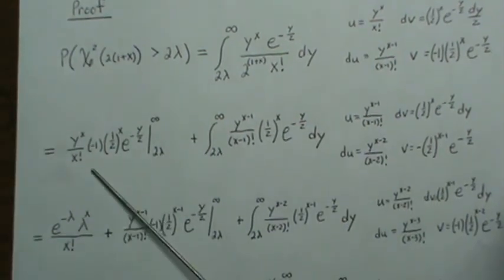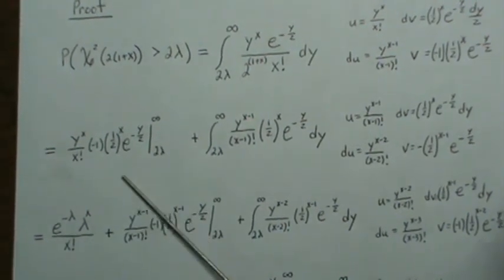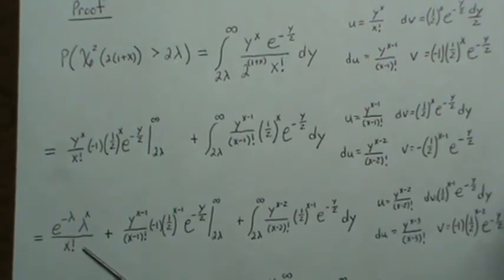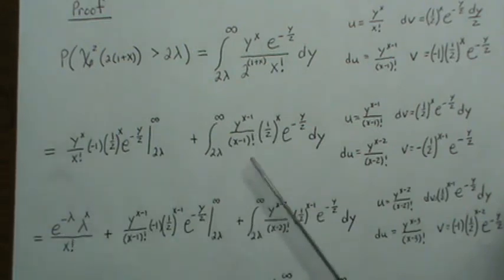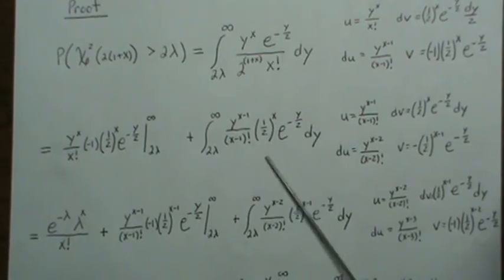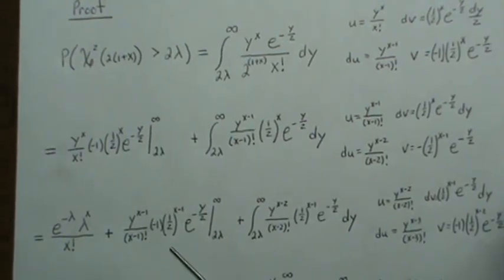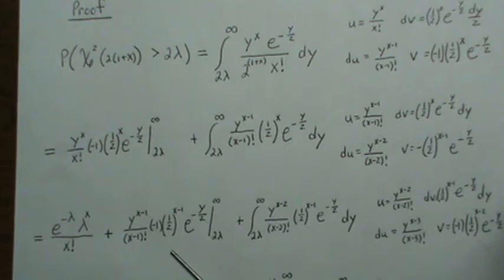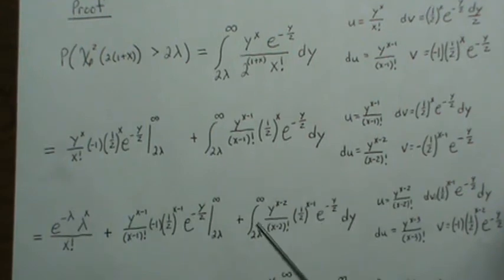So this piece here simplifies to this, and this looks exactly like a Poisson probability evaluated at x. And then this piece here is the first part of it. That's the uv evaluated from 2 lambda to infinity, and then this is the v du component.